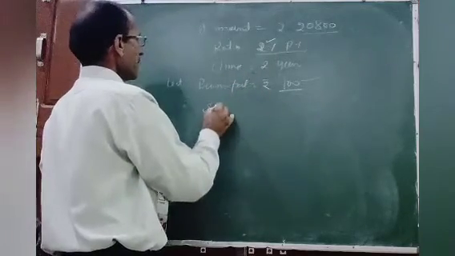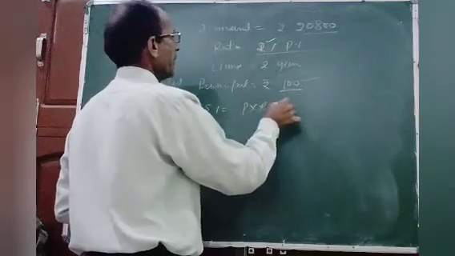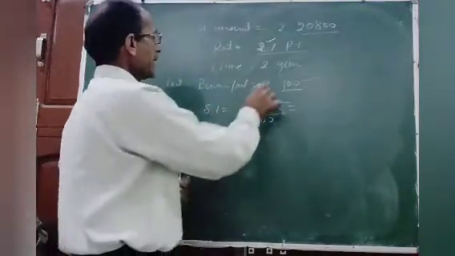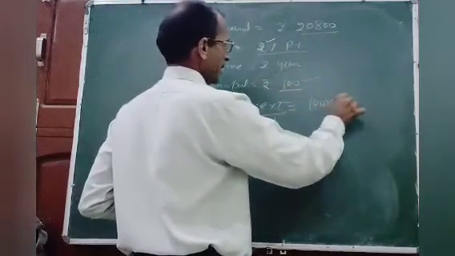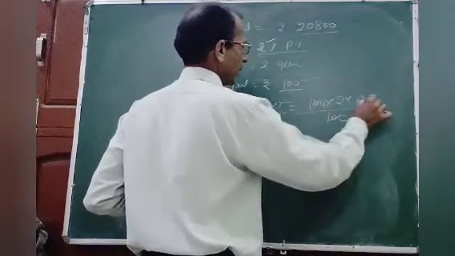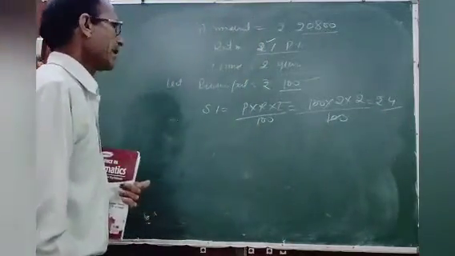So simple interest. Principal multiplied by rate multiplied by time upon 100. So principal is 100 rupees. Time is 2 years and rate is 2% upon 100. So rupees 4. This is simple interest.